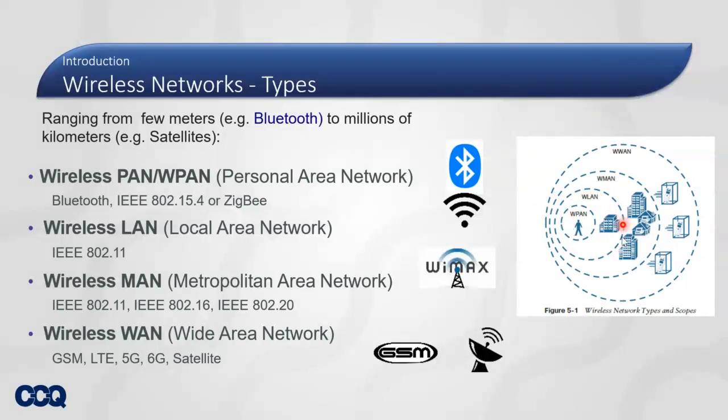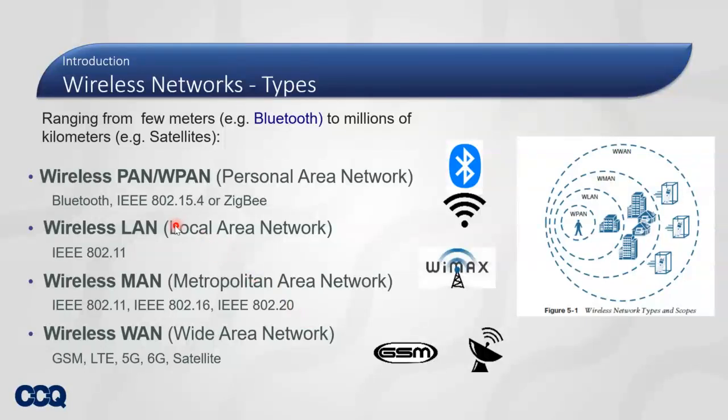Then, wireless LAN is larger. It is used in a wireless local area network, so basically inside a building. WMAN, the wireless metropolitan area network, is used across a city. Then the largest is the wireless WAN, the wireless wide area network, which is used across the world.